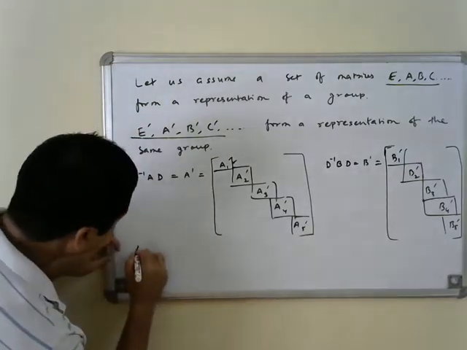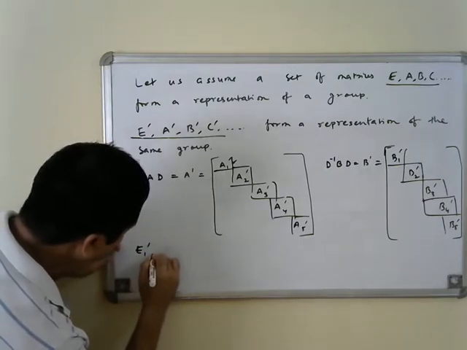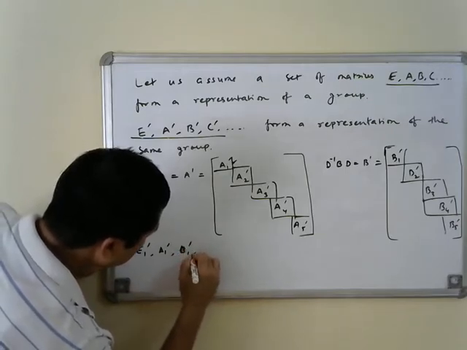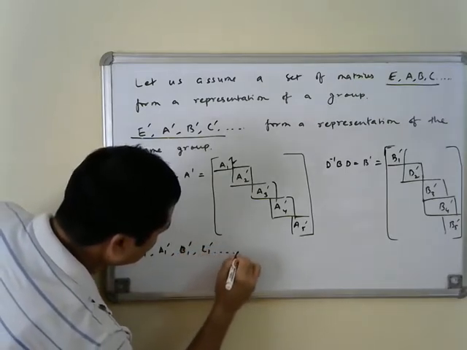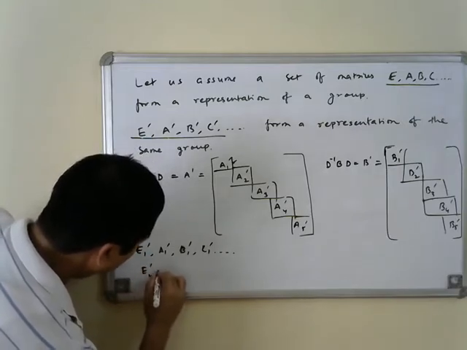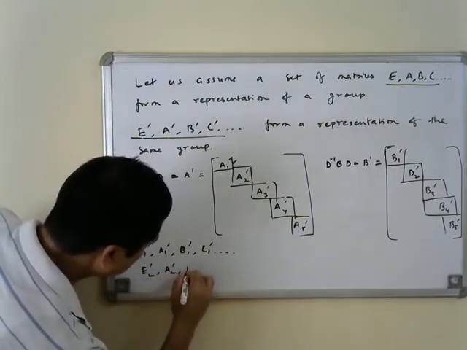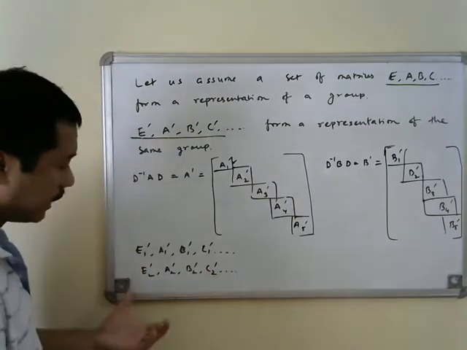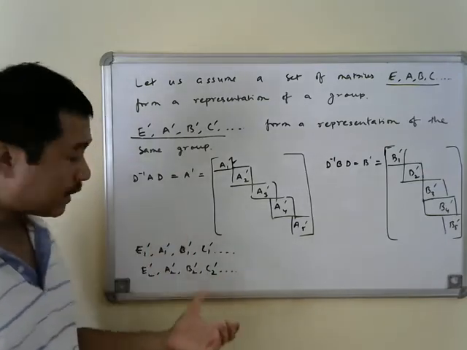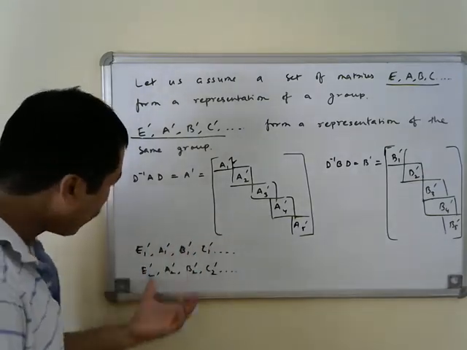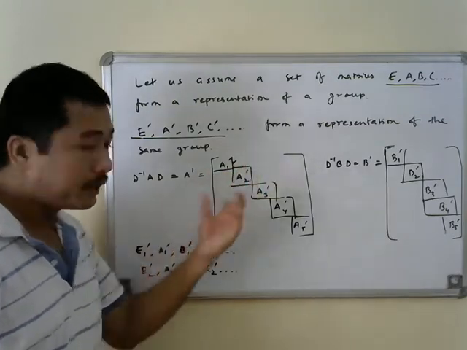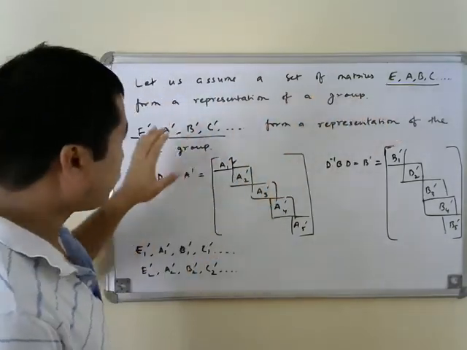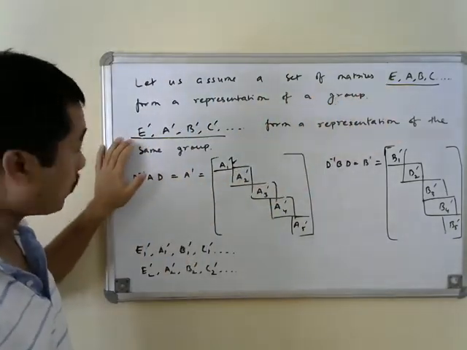And that is why these sets of matrices, that is E1 dash, A1 dash, B1 dash, C1 dash, or E2 dash, A2 dash, B2 dash, C2 dash, so similarly E3 dash, A3 dash, B3 dash, and C3 dash, all of these sets of matrices are of reduced dimension now as compared to the dimension of the parent matrices, the matrices that we obtain by doing similarity transformation.